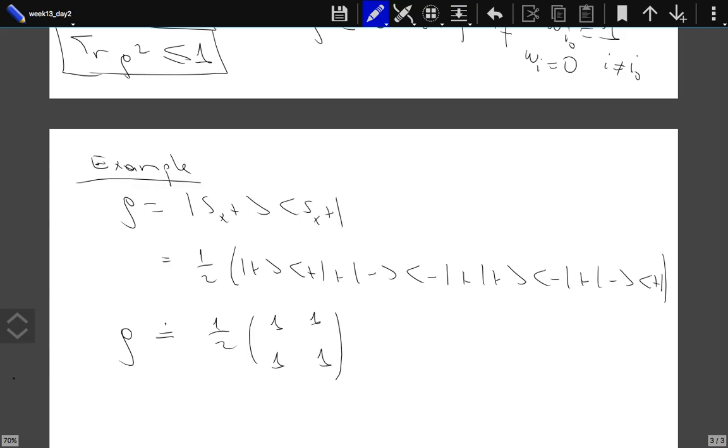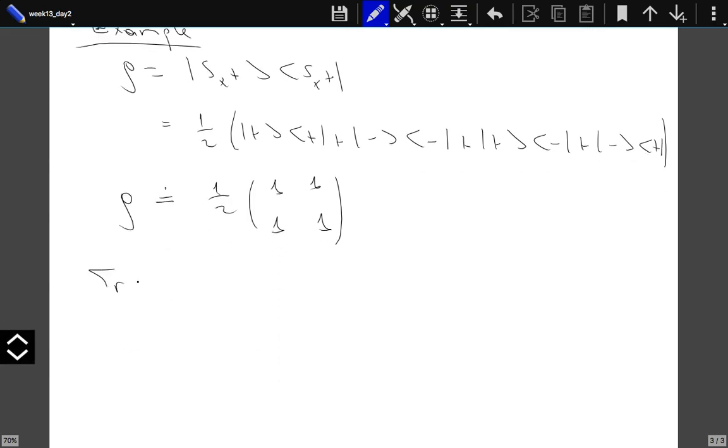Rho is this one. Trace of rho is 1. Let's look at trace of rho squared. The easiest way to see it is that if rho is this one, rho squared is equal to rho.